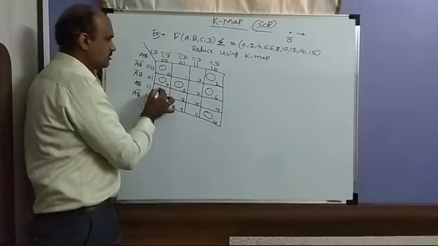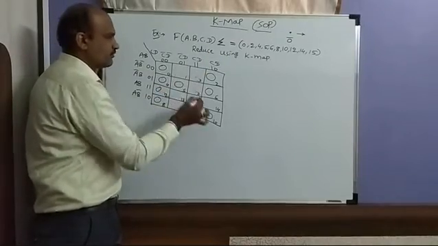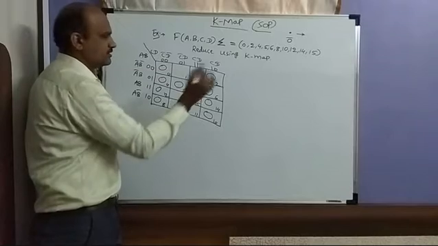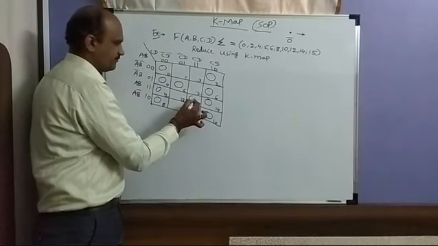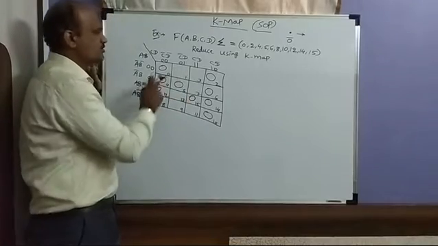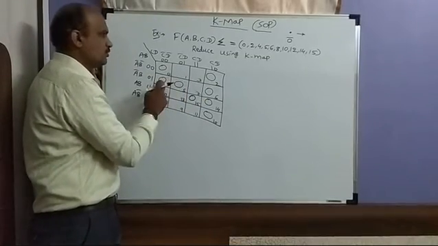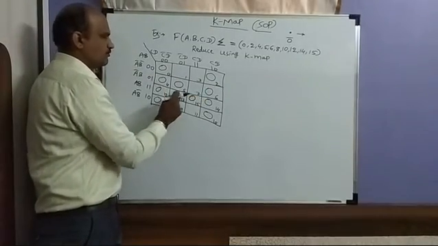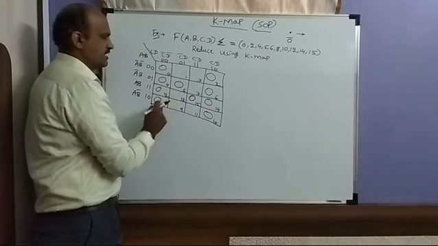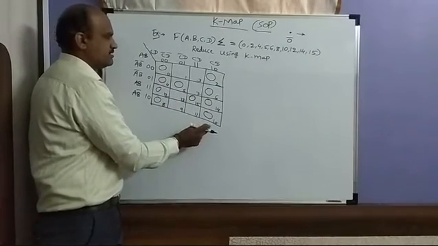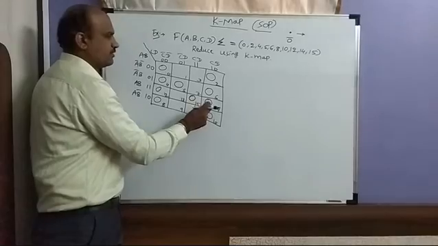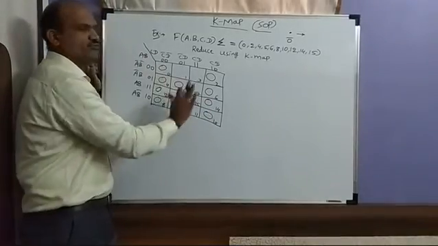Then 12 becomes 0. Then 14 becomes 0. Then 15. So 0, 2, 4, 5, 6, 8, 10, 12, 14, 15. All the numbers we did now.